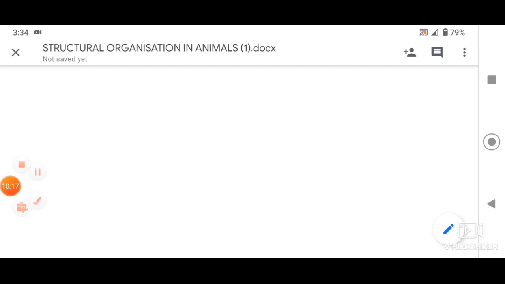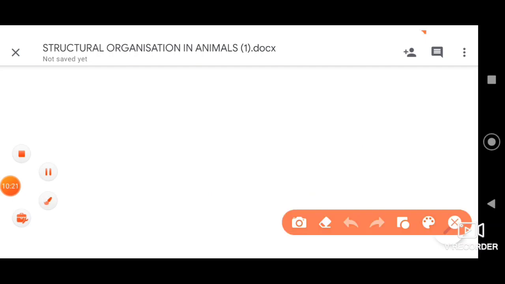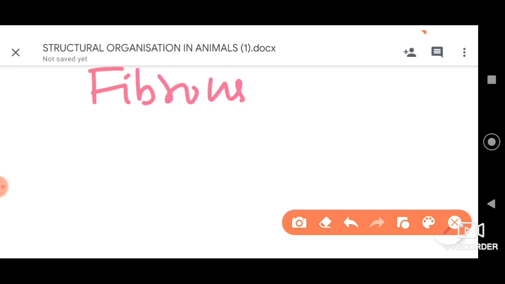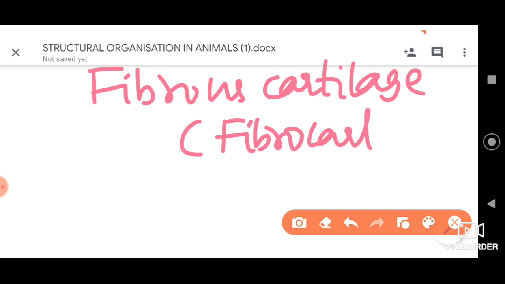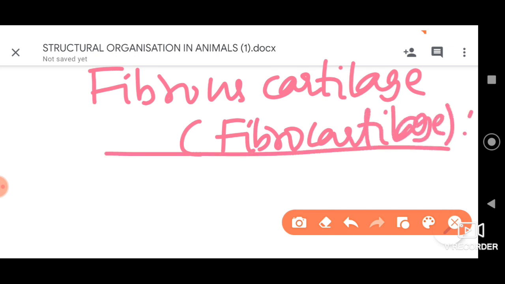Next, dear students, moving on to the next important concept, that is the fibrous cartilage. Fibrous cartilage is also called fibrocartilage. It's very important to note that this is the second type of cartilage. The first one, based on the composition of matrix, we had hyaline cartilage. So this is the second type.